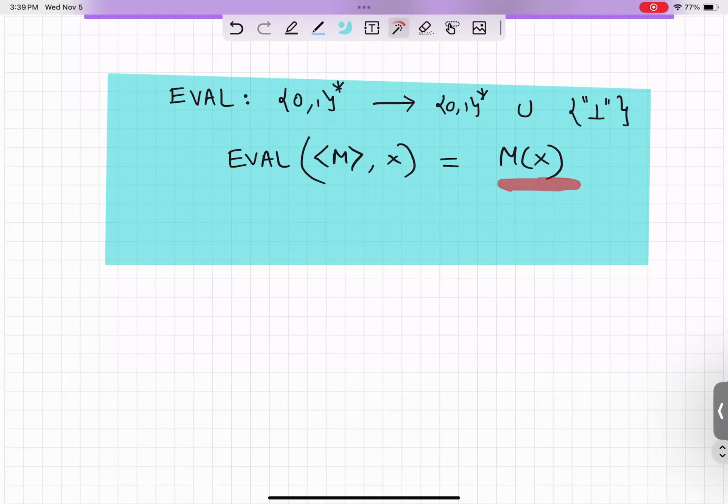If the machine on input X terminates with an output, then your simulator or eval function should terminate with that exact output. If your machine on that input goes into an infinite loop, then your eval should also go into an infinite loop. Okay, if it's not halting, then you're also not halting.